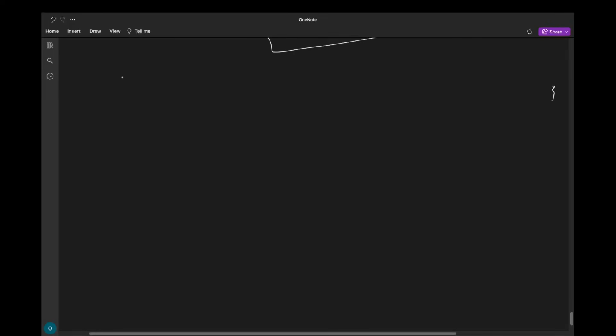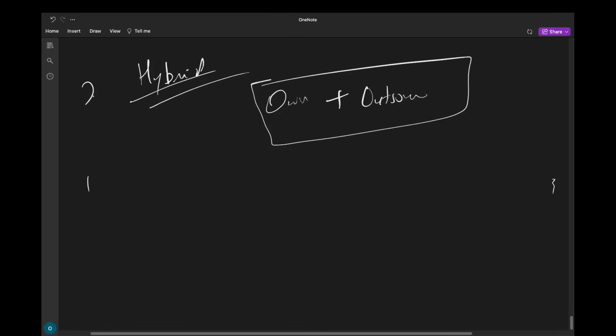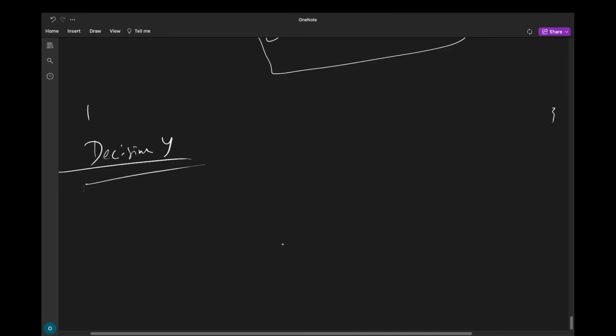Okay, now let's go to the next decision, decision number 4, which is about route. Route optimization.